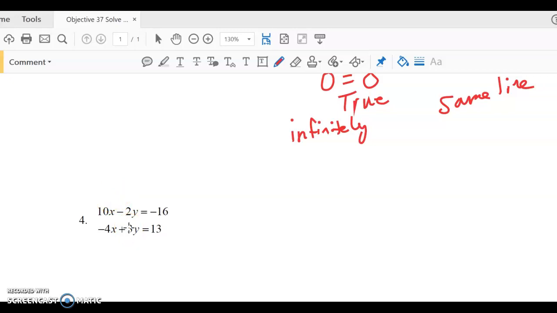I also see that the x values go into a certain number. It's up to you what number you see, but I'm going to use the y variables here. There's lots of possibilities. I notice that 2 and 3 both go into 6. So that's where I'm going to start.